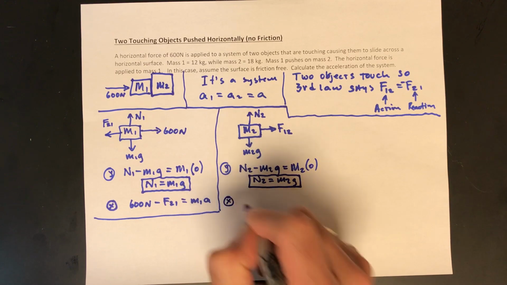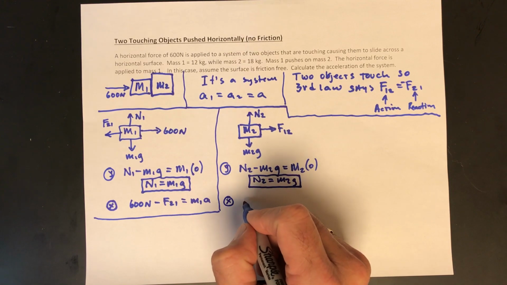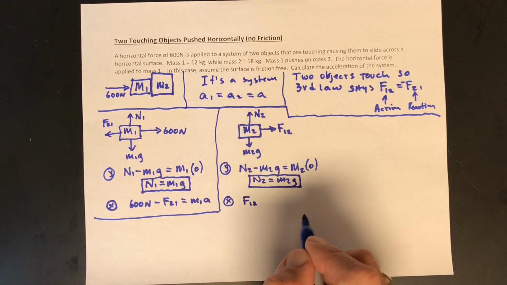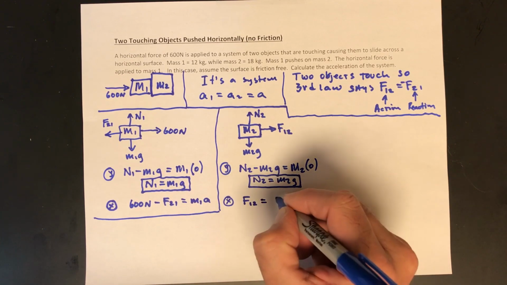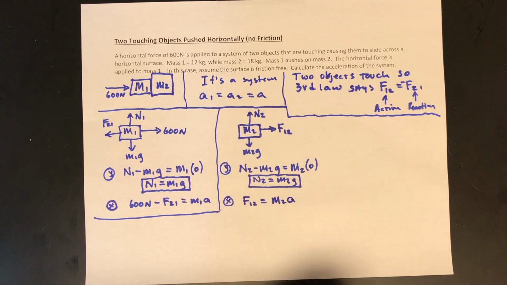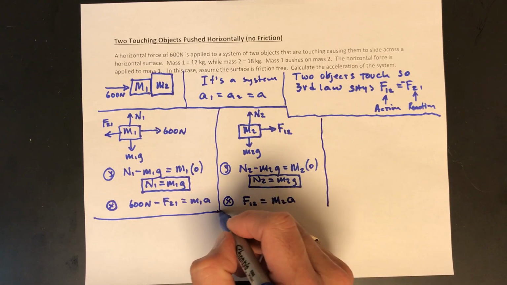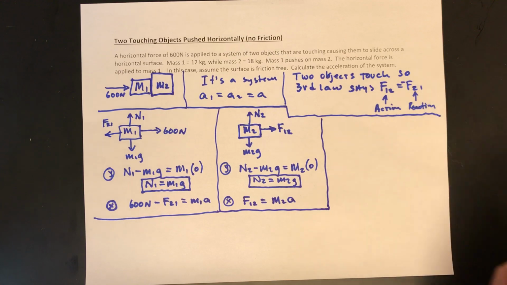In the x direction, we only have one force acting on M2. That's the force of 1 on 2, the push of M1 acting on object 2. And that's equal to M2 times A. And it's the same acceleration as object 1 because they are touching one another, so they will move together with the same acceleration. So that makes that a system.